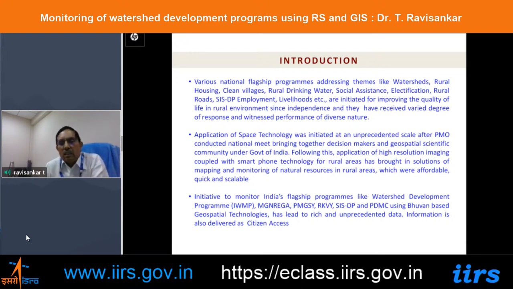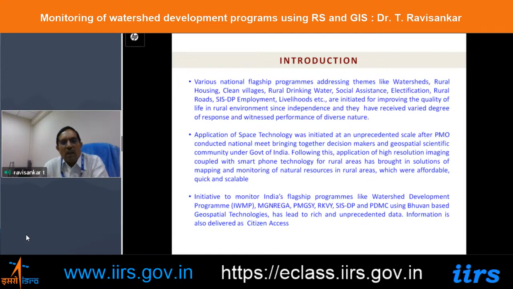Coupled with the availability of very high resolution satellite data and smartphone technologies, many geospatial solutions are brought for the development of rural areas. Some of the experience we have, I will be sharing in this lecture. These solutions are scalable, affordable, and quick.